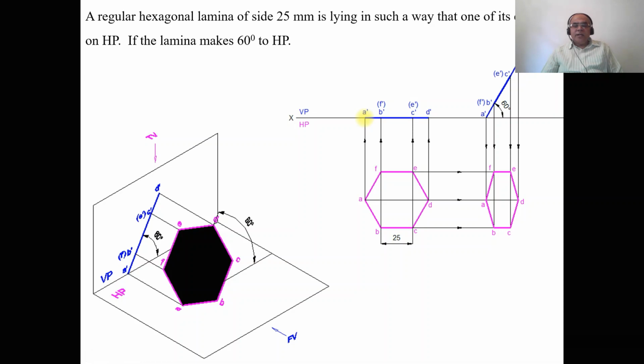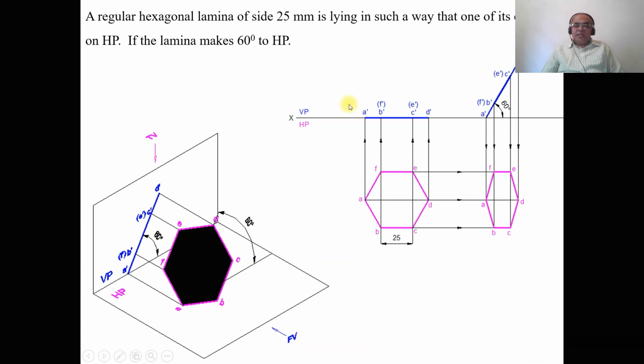Either you can rest on A dash or you can rest on D dash, but to have clarity, we have taken A dash as the one resting on HP. You can take D dash also; when you rotate with respect to D dash, you have to rotate in the clockwise direction. Now as we are resting on A dash, we are rotating in the counterclockwise direction, so that the surface makes an angle of 60 degrees here.